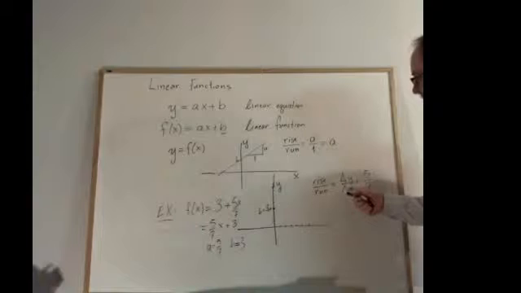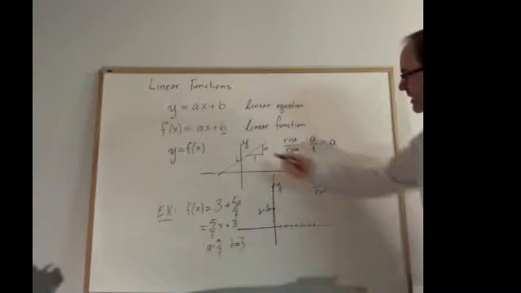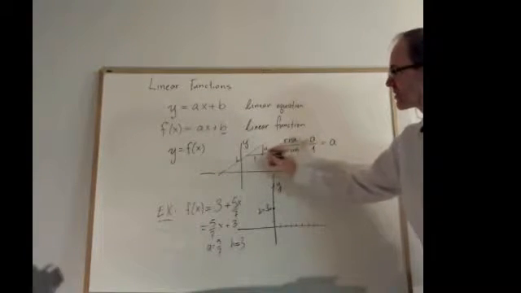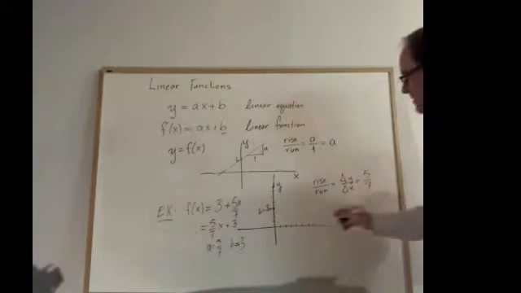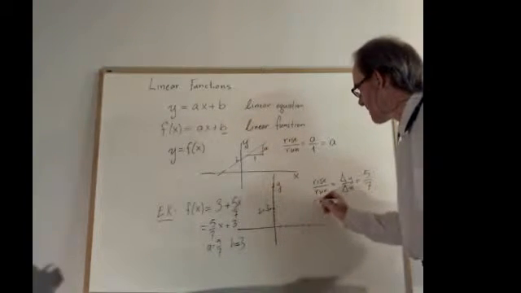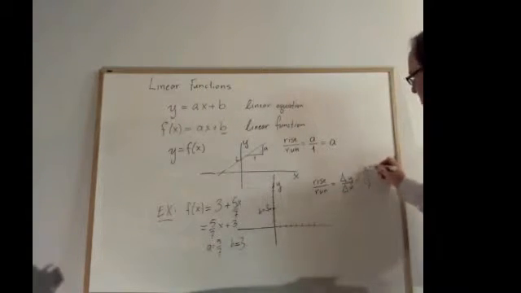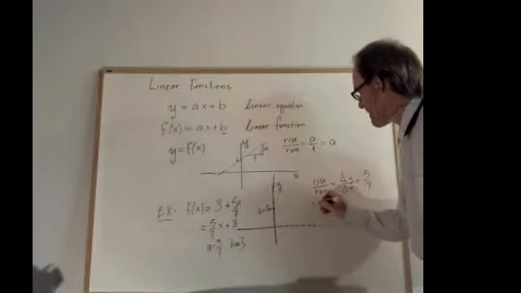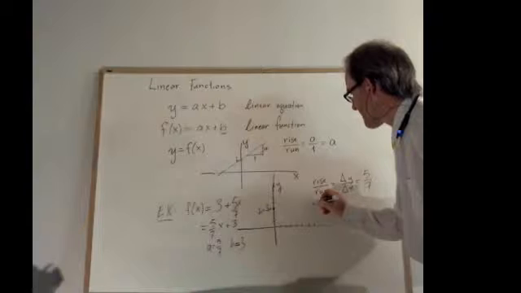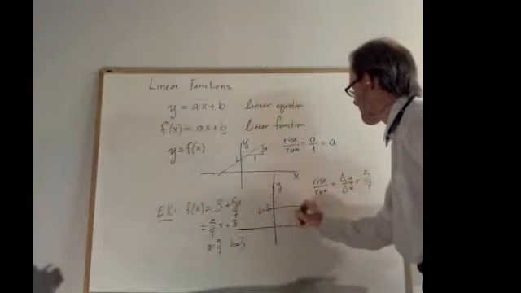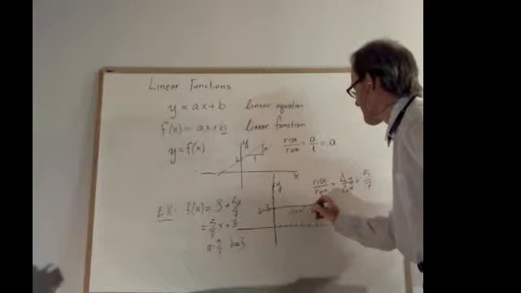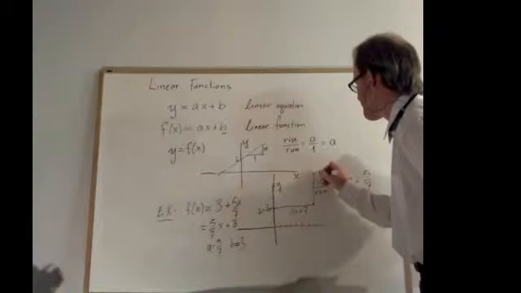A convenient choice of the base of the triangle is to choose delta x as 7. So this is 7. The vertical side will be 5 units up. And then 5 up is up here.